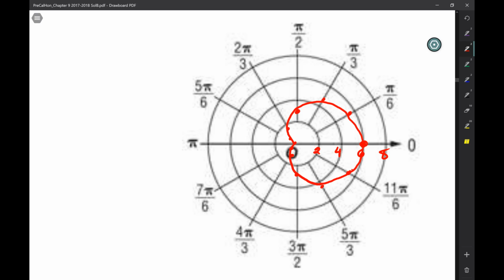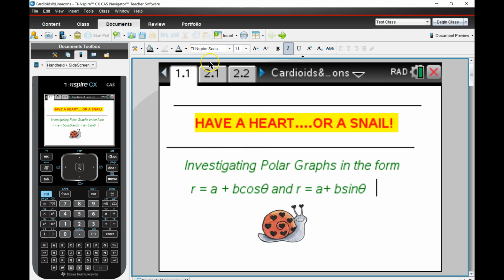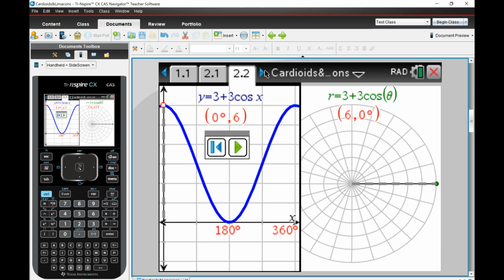Okay? Now, to see the same thing one more time, simultaneously, this is the case when a equals b, right? So this is 3 plus 3 cosine theta. This is what we just graphed, right?